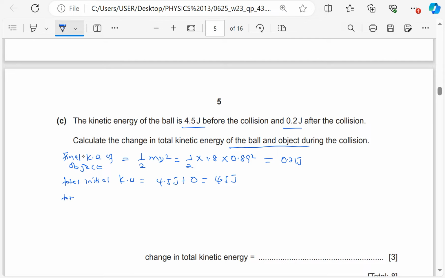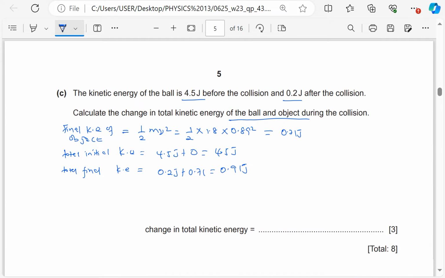Then the total final kinetic energy is 0.2 joules for the ball plus 0.71 for the object, which gives us 0.91 joules. That's the total final kinetic energy.